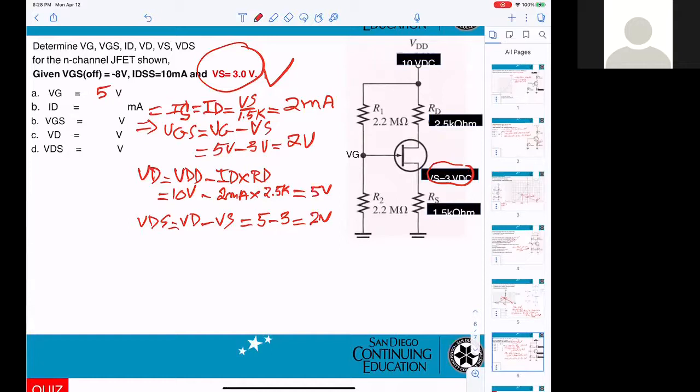Mr. Pham, let me ask you a question. What is the book you are basing this class about JFET on? Where are you getting all these circuit images and content to teach JFET? It's in the textbook.